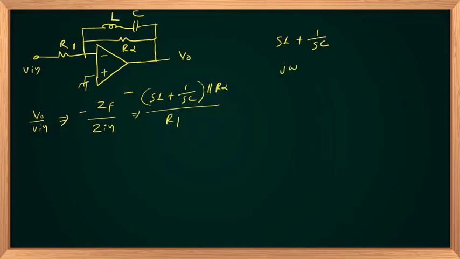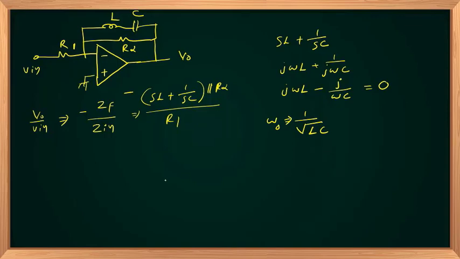So that is nothing but j omega L plus 1 over j omega C, which is j omega L minus j by omega C. There exists a frequency at which the sum of these impedances goes to 0. That omega is 1 by root LC, called omega naught, the resonant frequency, or omega R.